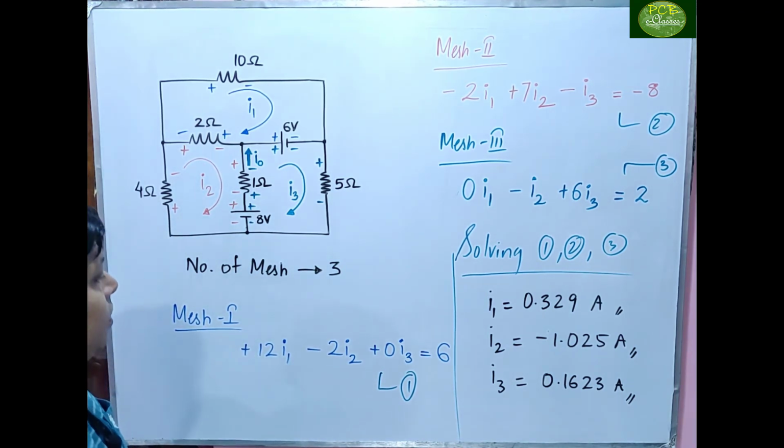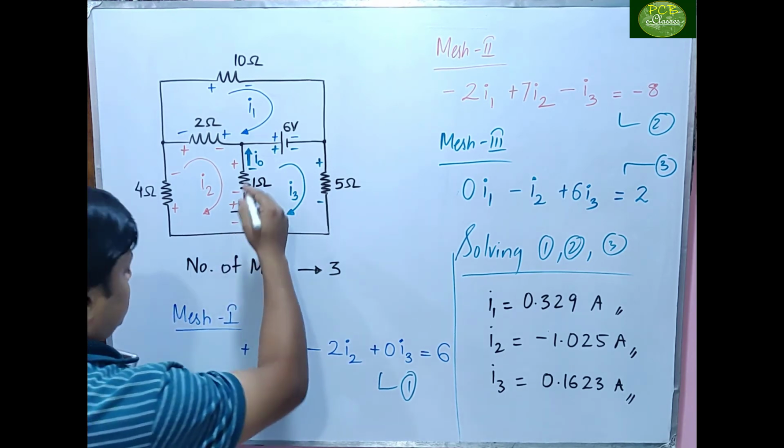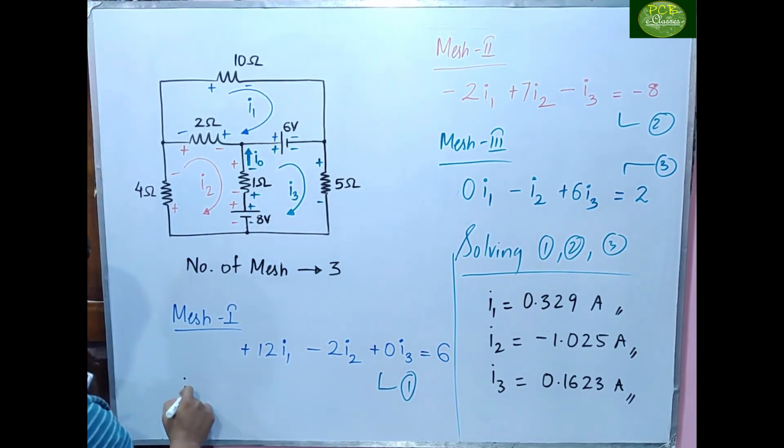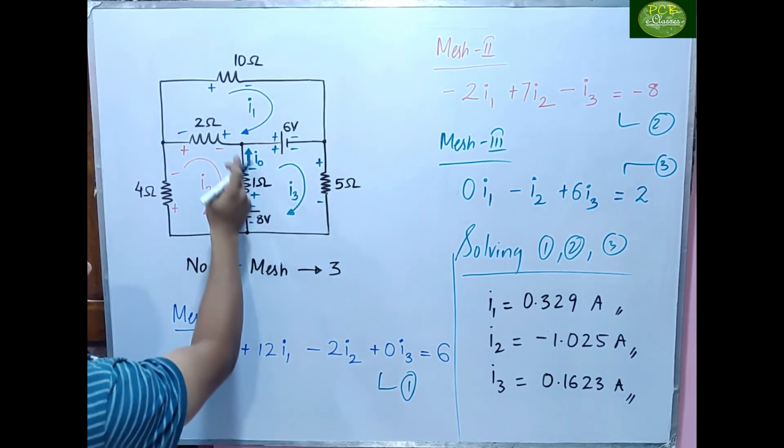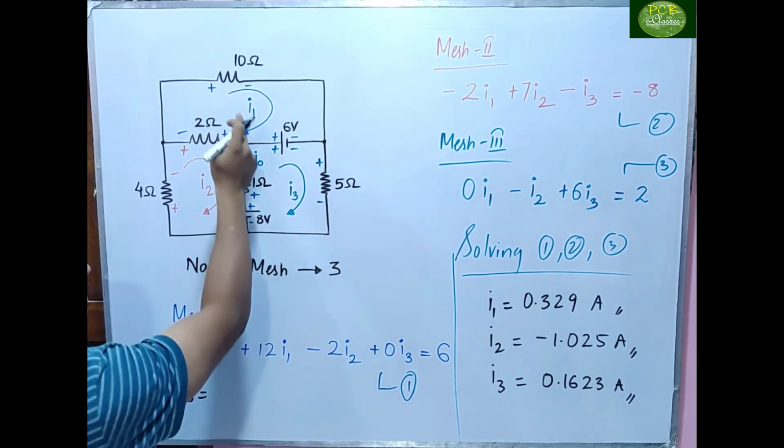Clear? Now, what is this I0? Basically, this I0, see the direction upward. Which direction is upward? I2 direction or I3 direction? I3 direction is upward.